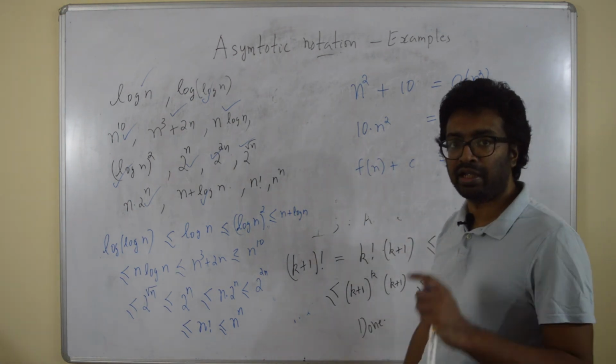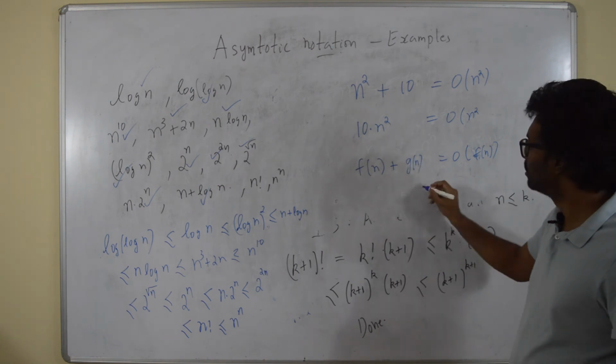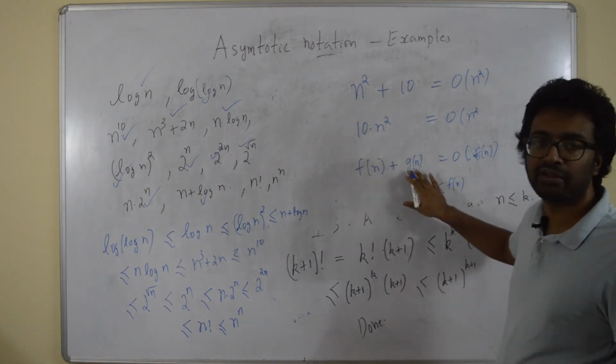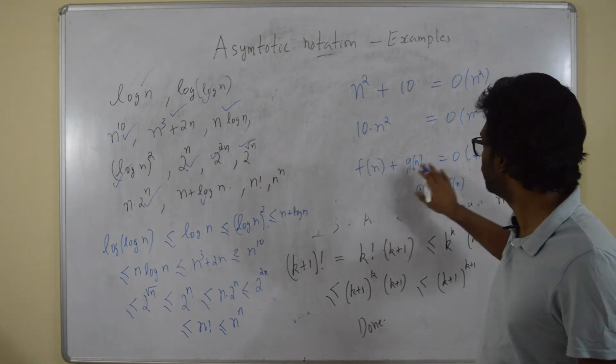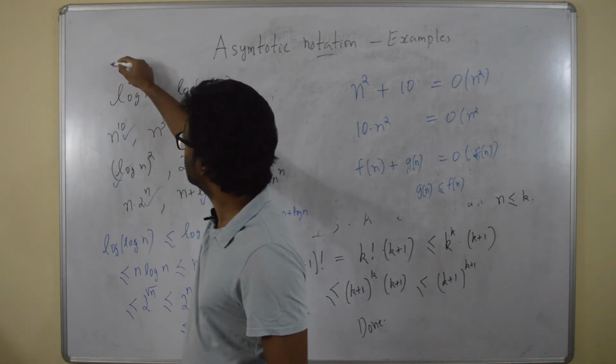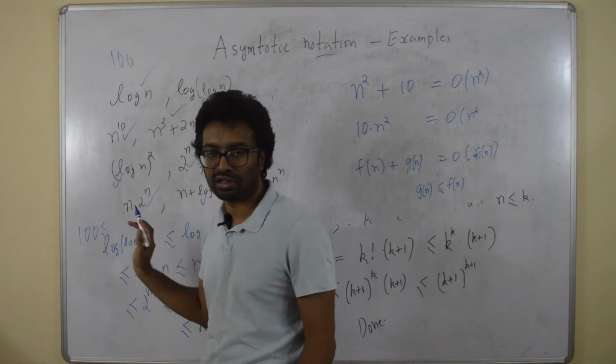right? In fact, this could have been any function g of n which is less than or equal to f of n. So you take any function here which is less than or equal to f of n, this could have been true. Okay, so I could have put a constant here also, 100. If there is a constant here, 100 would have been here. Okay.